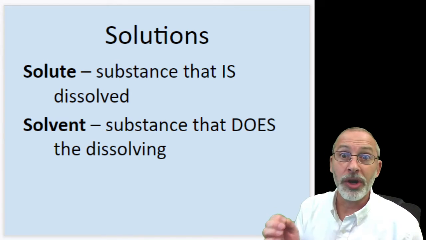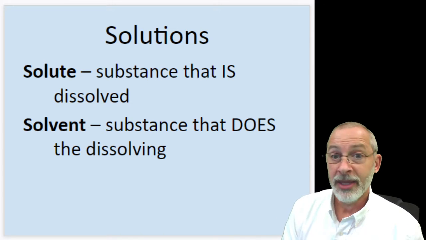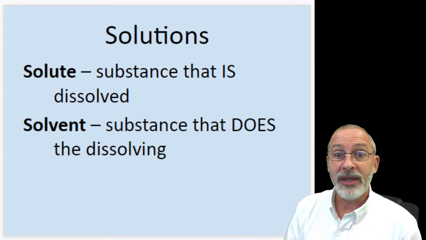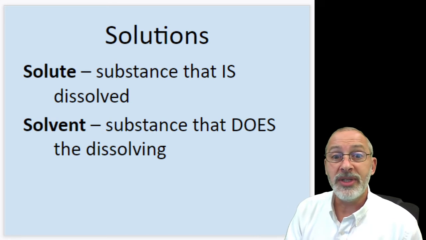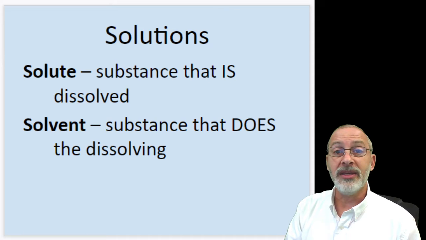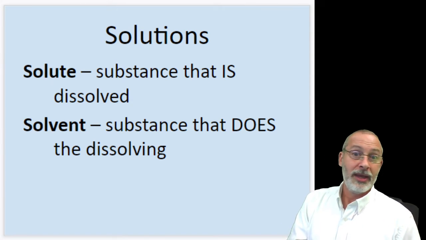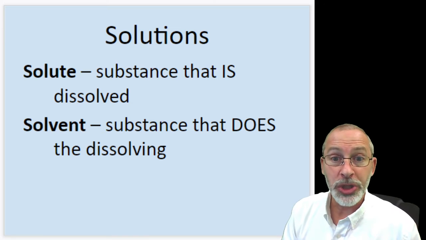Those key words there will be really important in understanding. One quick little memory aid could be solute is a shorter word, solvent is a longer word. Is a shorter word, does is a longer word. That might be a way to help you remember which one is which.